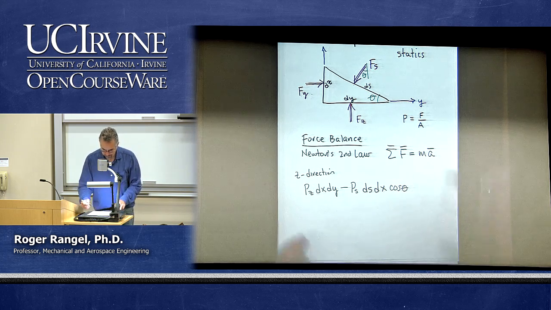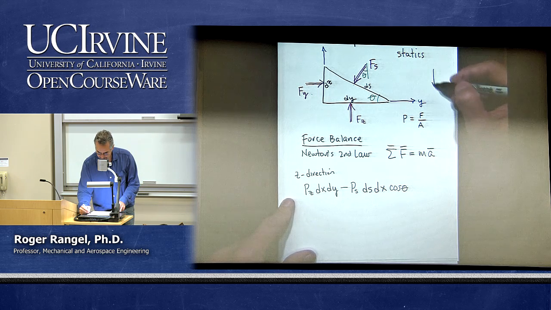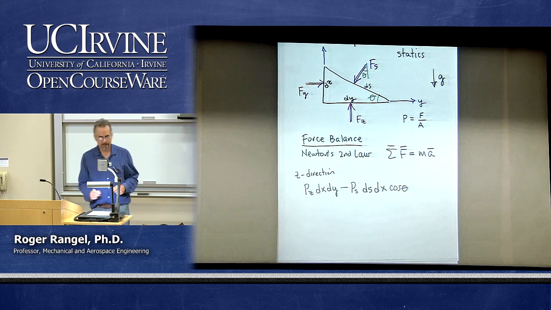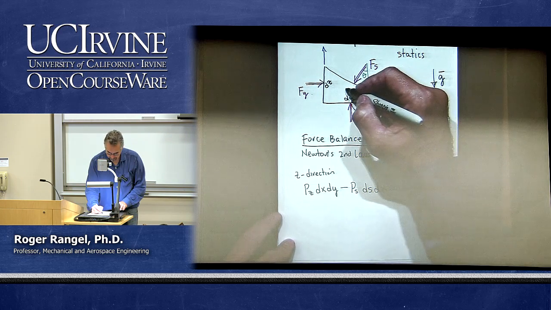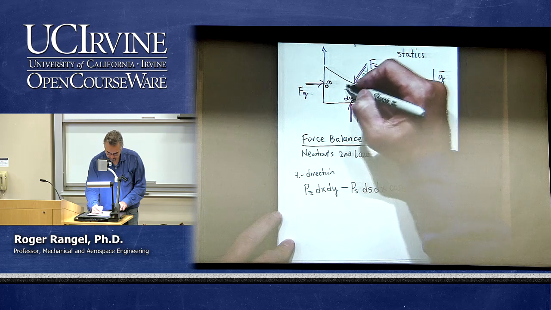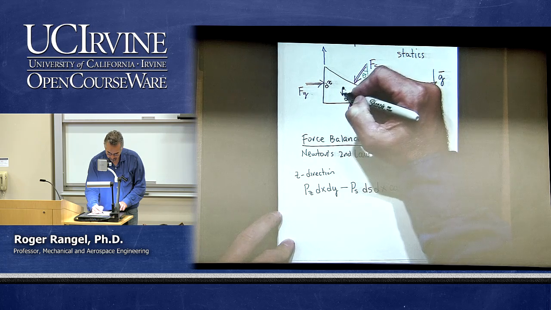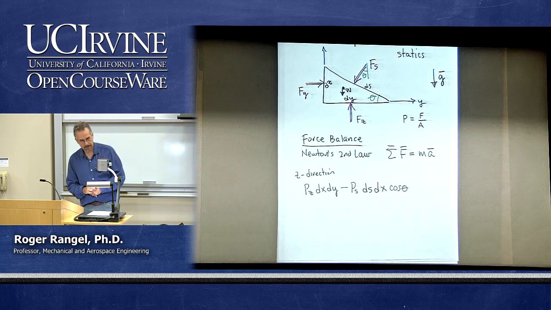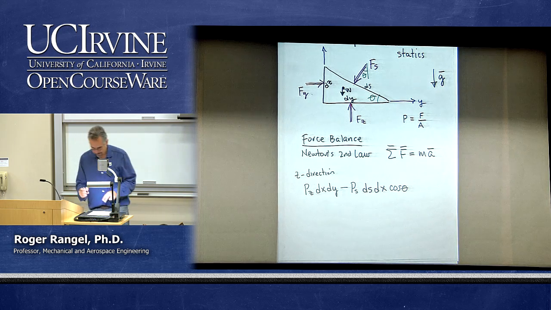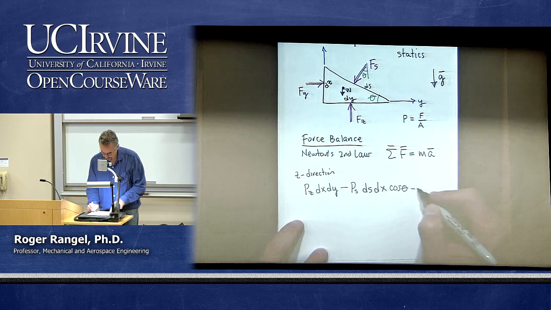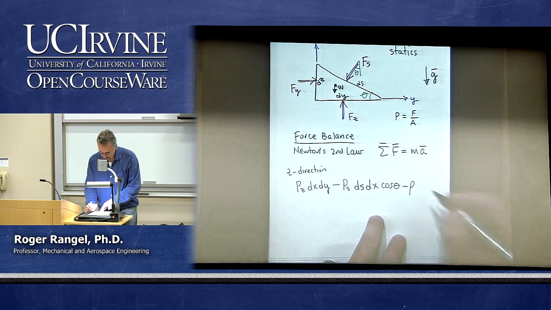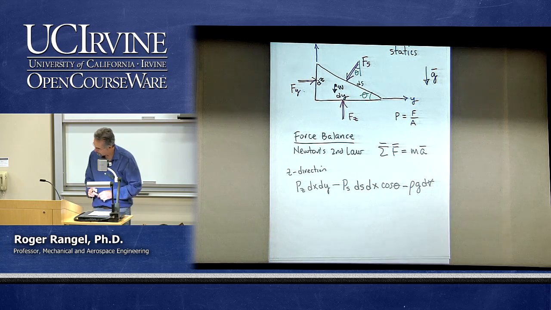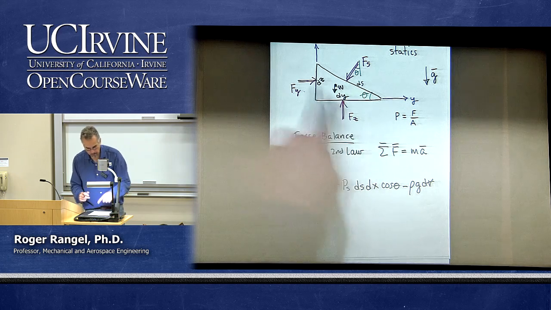And then, because I have decided that gravity is in the negative z direction, then I also have the weight of this fluid element, pointing down, right? The weight of that element is the density times gravity times the volume of that wedge.